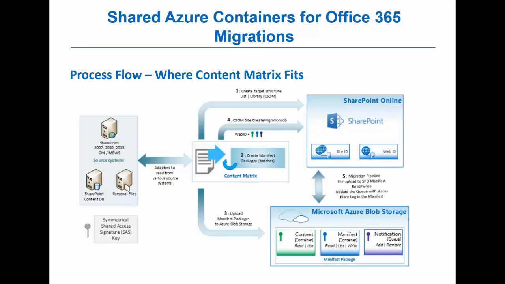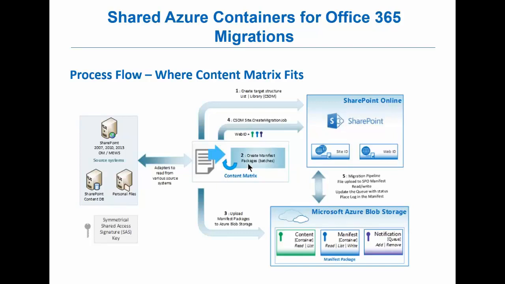We're going to package the manifest and the blobs together, and third step, we're going to push them to the Azure blob storage. Now, if you're leveraging a shared container, we automatically upload the packages to the shared containers.